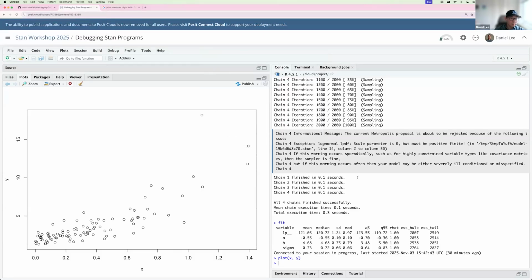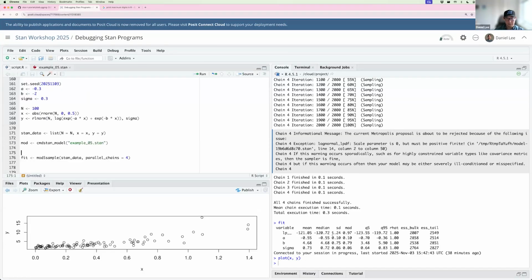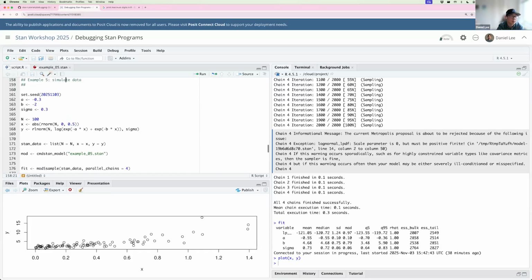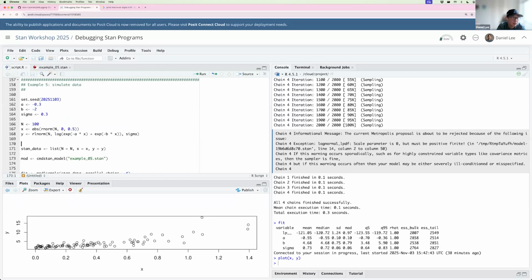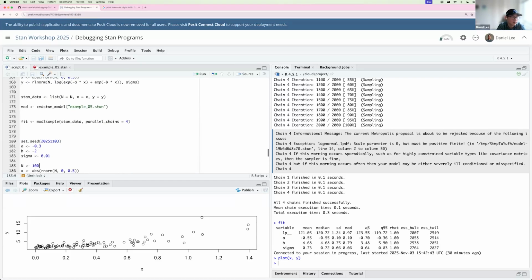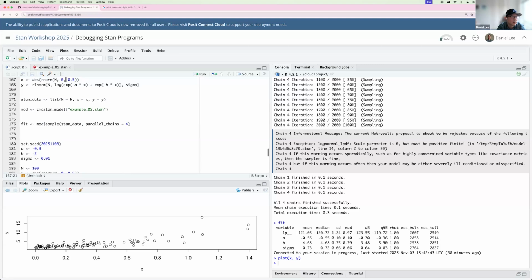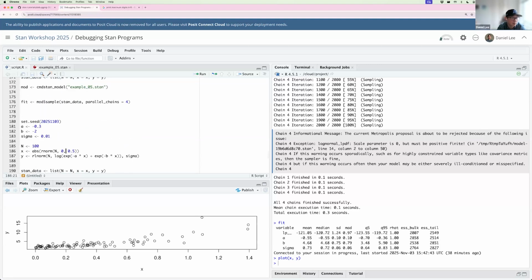Okay. So if I plot these two, X and Y, you see that it's not really easy to distinguish. So some tricks I have for simulating data start with something simpler. So I drop sigma down to 0.01. I can increase n to like 1,000.